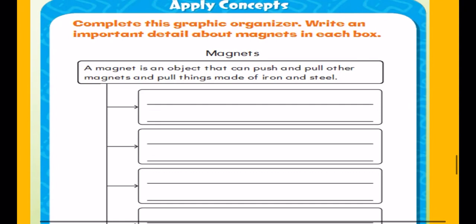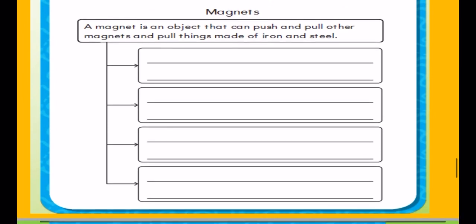Write the important details about magnet in each box. You have 4 boxes. Write 4 main ideas: what did you learn about magnet?